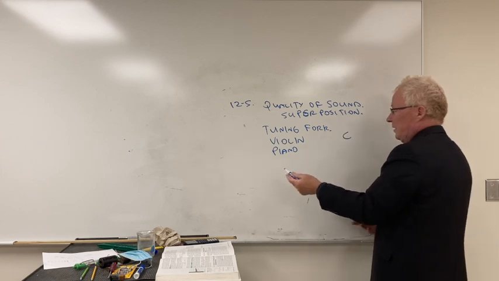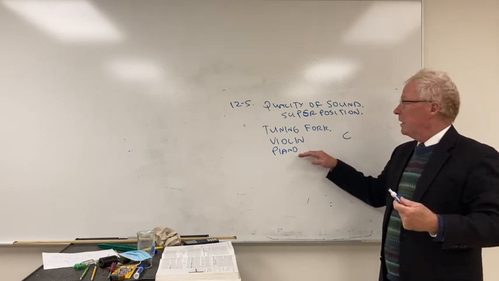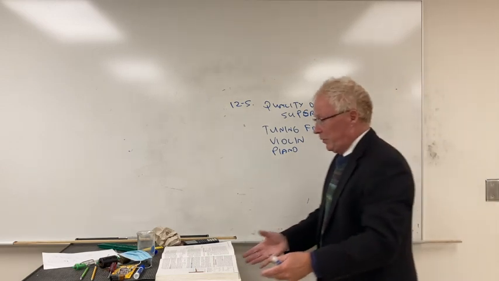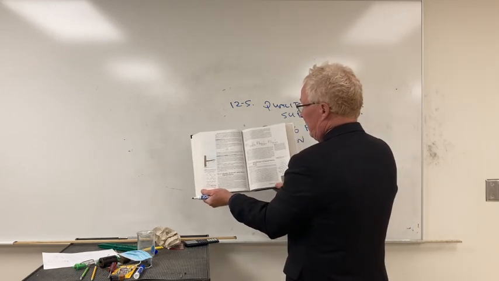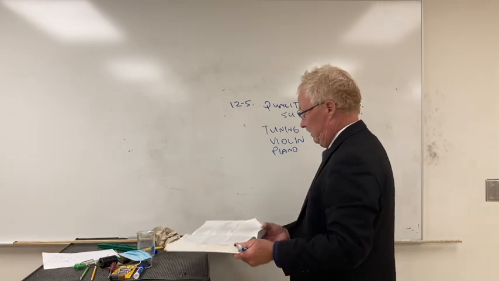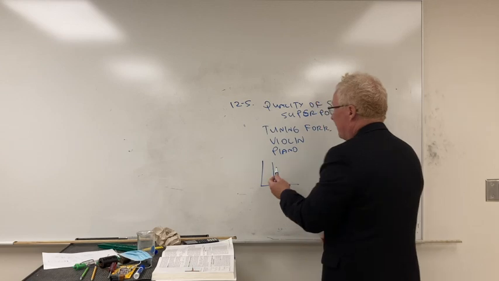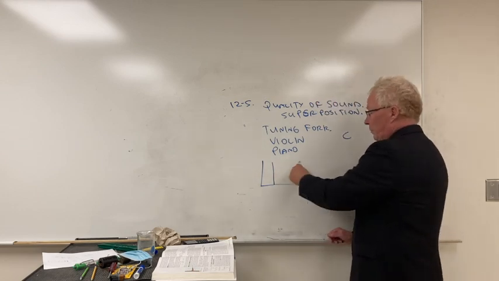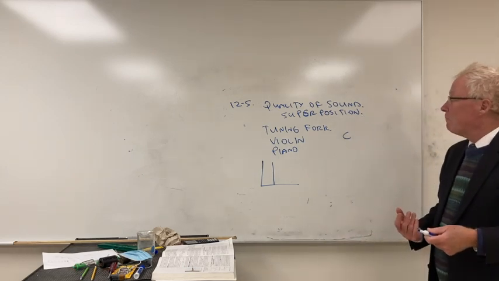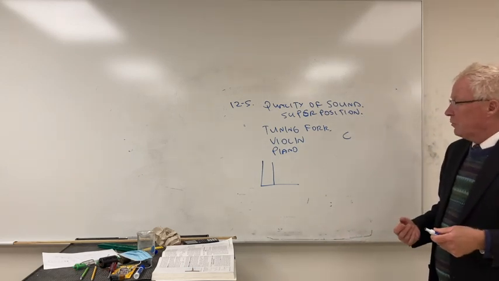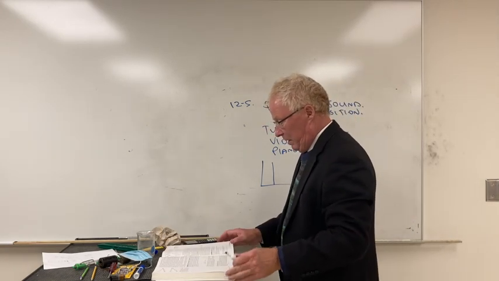So playing middle C, what's the difference? The fact that you have higher overtones and harmonics that combine in a certain way, as we had in the figures, right? When we plot a clarinet, piano, violin, how that works. Well, a tuning fork has just one frequency. A violin or piano has multiple ones added in such a way that you have the characteristic sound of that. So that's 12.5.